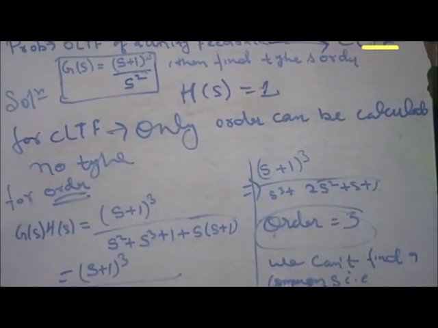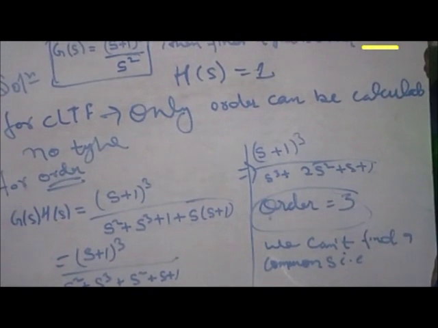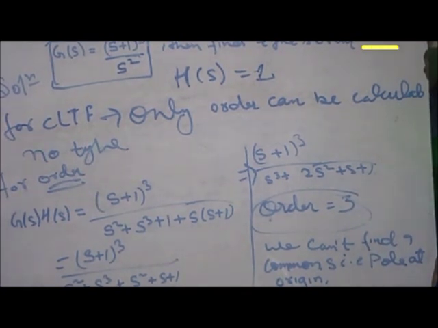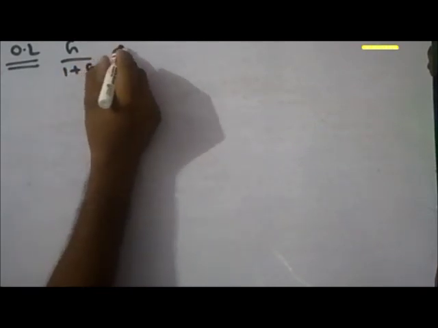If you are given the open loop function G and want the closed loop, then for closed loop we add the numerator to the denominator, that is G upon 1 plus G. If a closed loop function is given and we want to find the open loop function, then it should be subtracted: G upon 1 plus G minus G, that will cancel, that is G basically. Closed loop function is there.